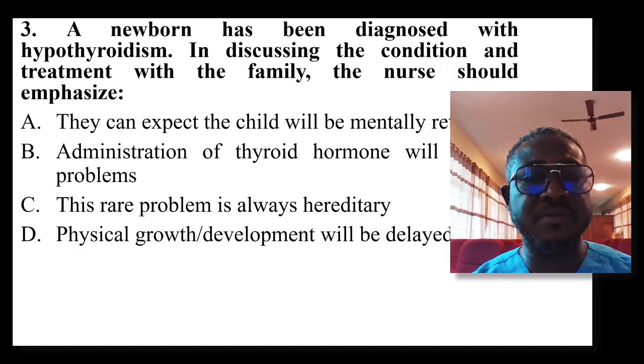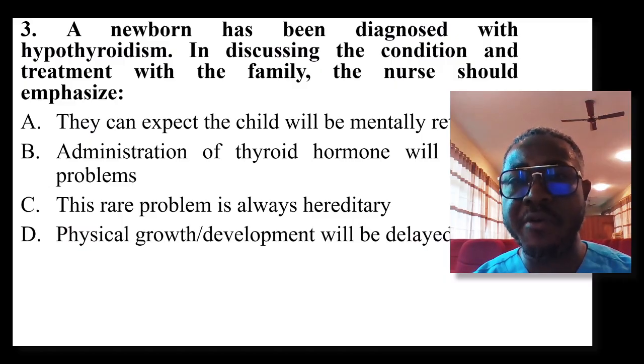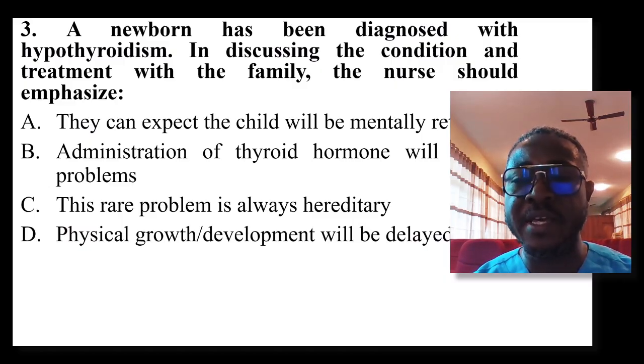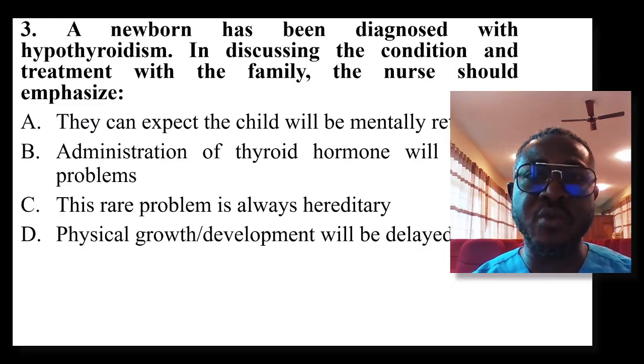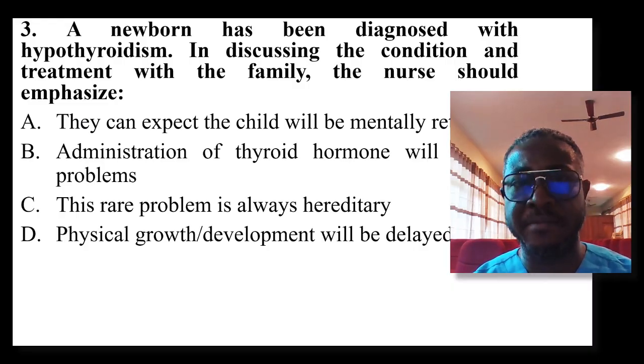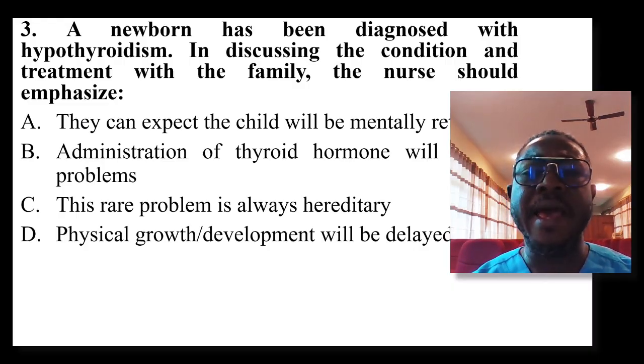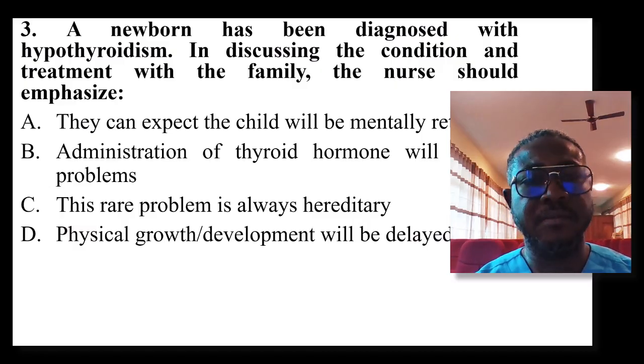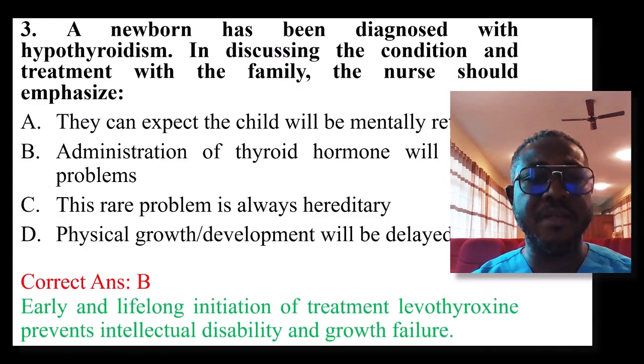C. This problem is always hereditary. D. Physical growth or development will be affected. So, what do you think is the correct answer when you're educating a family whose newborn has hypothyroidism? The correct answer is B.